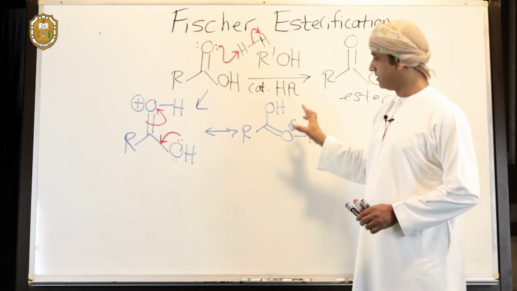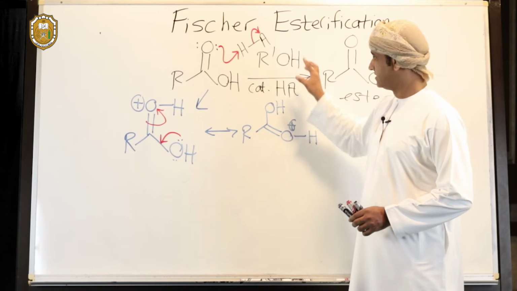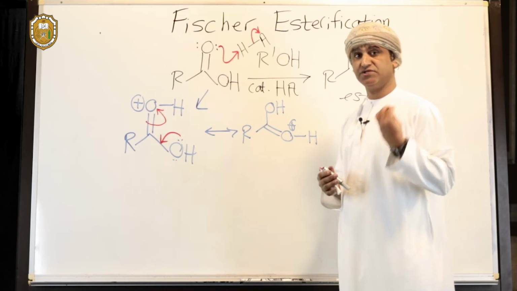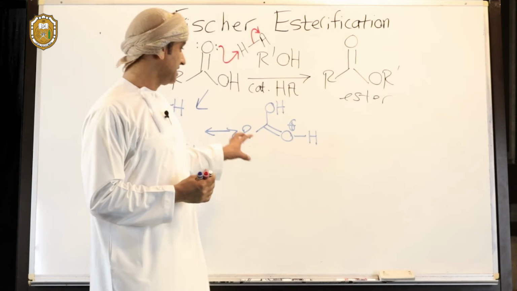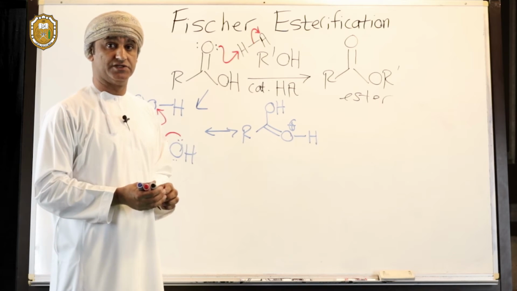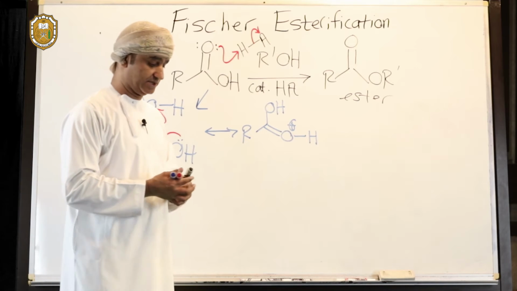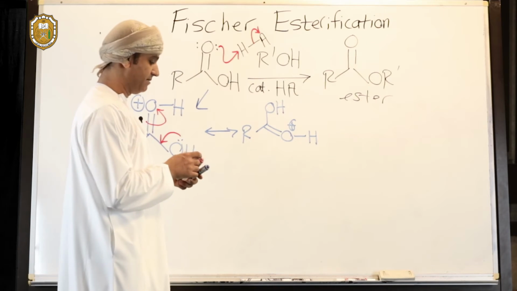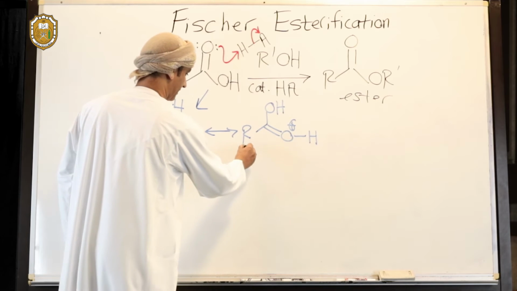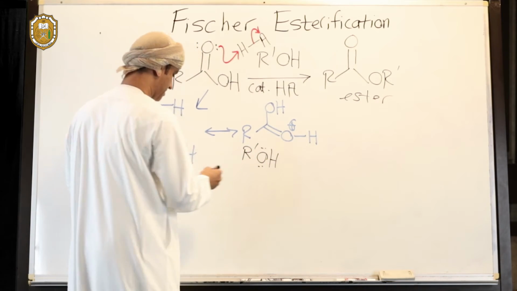It can undergo nucleophilic addition type on this carbon, and the nucleophile is now the alcohol. Of course, alcohols are neutral nucleophiles, but with this highly electrophilic intermediate, they can do the nucleophilic addition despite their neutral nucleophilicity. So the alcohol now will come in. So this is the alcohol of this general structure.